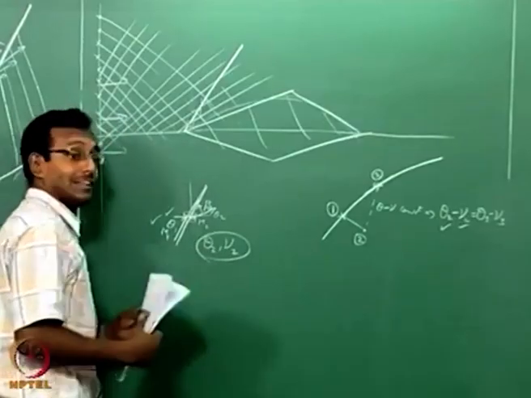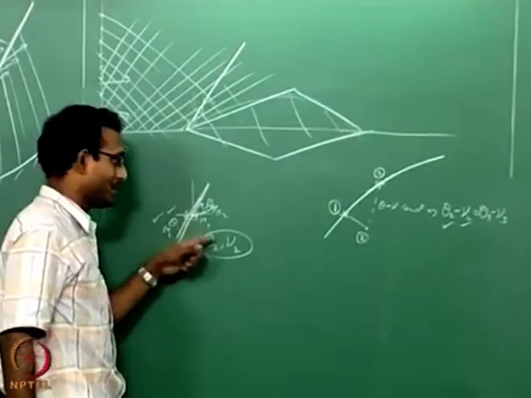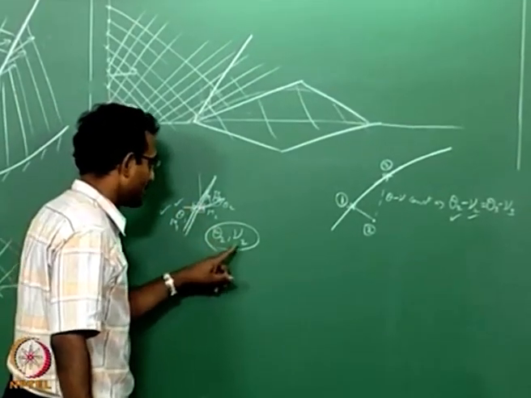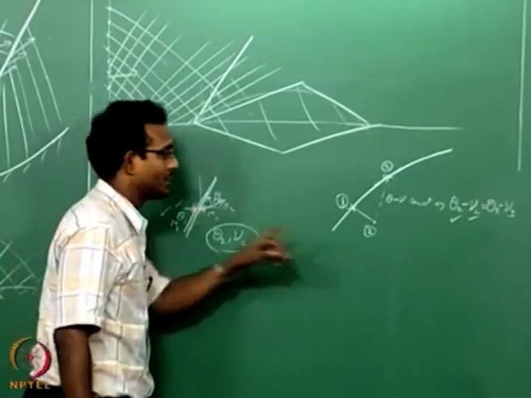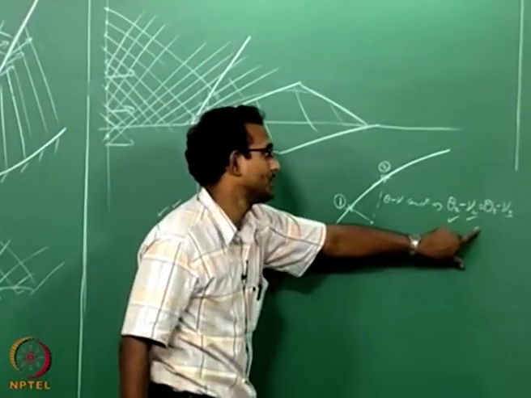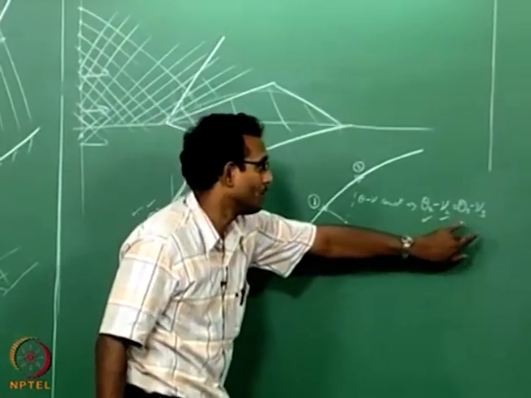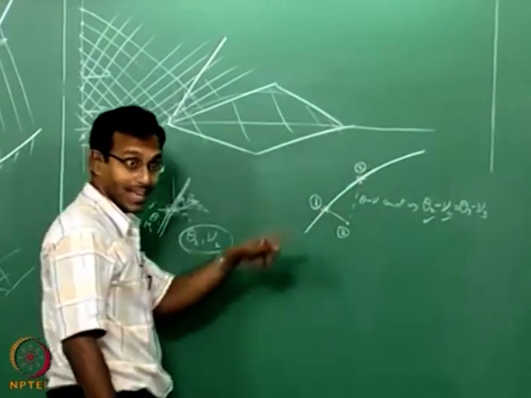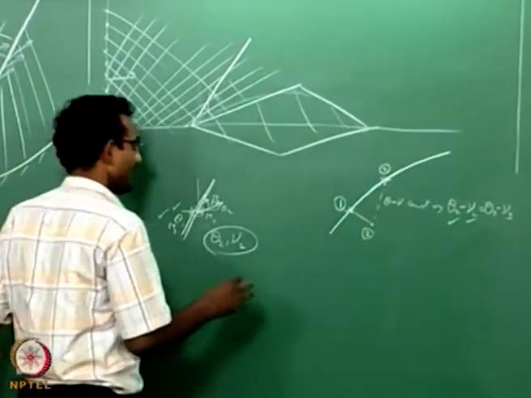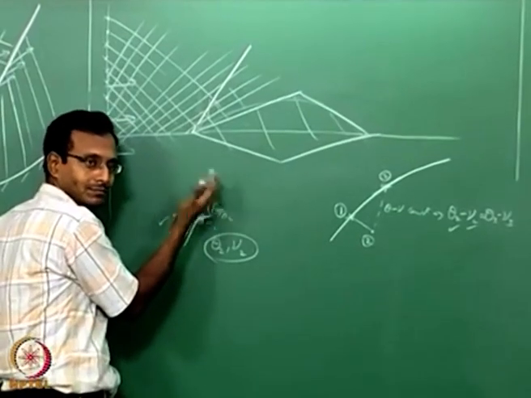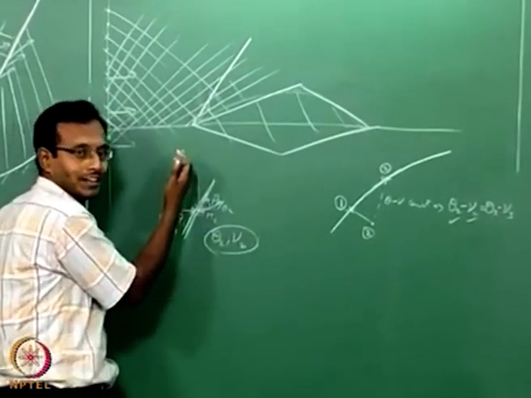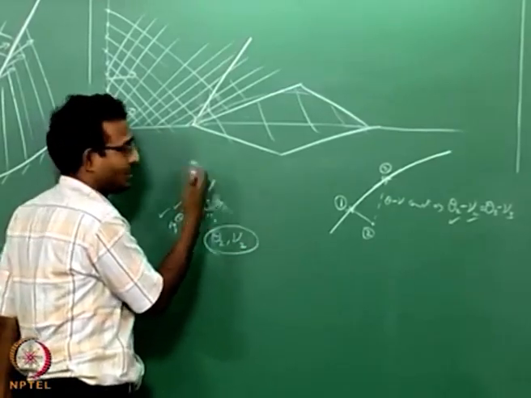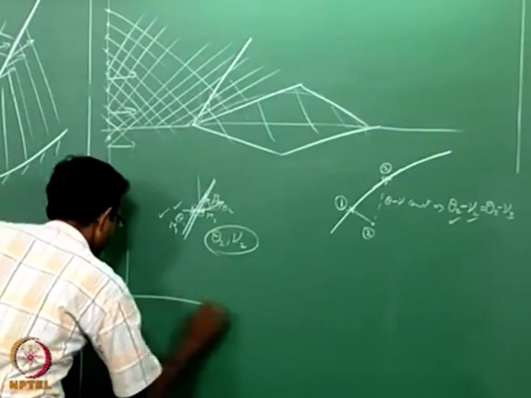So now I will tell you that there is only one beta for which it will be satisfied, there will only be one beta at which theta minus nu downstream of the shock will match whatever value we are giving, theta 2 minus nu 2 equal to theta 3 minus nu 3. We do not know theta 3 and nu 3, that is the downstream of the point 3, I do not know the values, but I can find out. So I will iterate on this beta angle somewhere between mu and theta critical. I will solve. Why am I choosing?